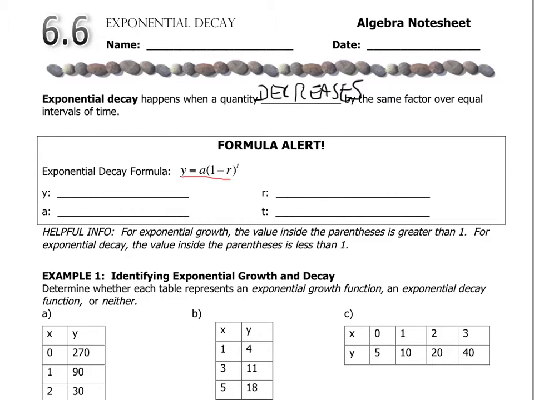So what do all these little parts mean? Well, y is our final amount. That's the amount that we're going to have at the end of whatever we are working on, our total amount. The a value is our initial amount, so whatever we start with.